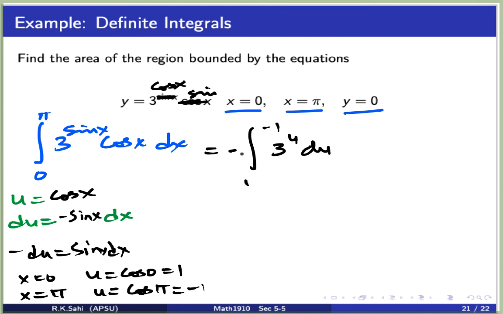If you remember the properties, the integral from a to b of f dx is the same as minus the integral from b to a of f dx. So I'm going to use this one because the minus can cancel. So this will now become from minus 1 to 1 because the minus with the minus will cancel out.